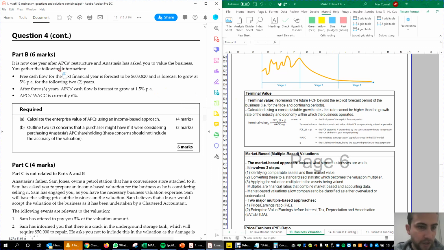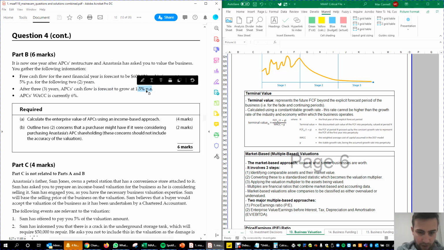Actually, sorry, it's not perpetual. They've given us 1 year of cash flow. They've told us to grow it out at 5% for the following 2 years, so up to year 3. And then after 3 years, APC's cash flow is forecast to grow at 1.5% per annum. So it is perpetual, but we need to calculate what the cash flow is in the first 3 years so we can figure out what the final growth rate is going to be.